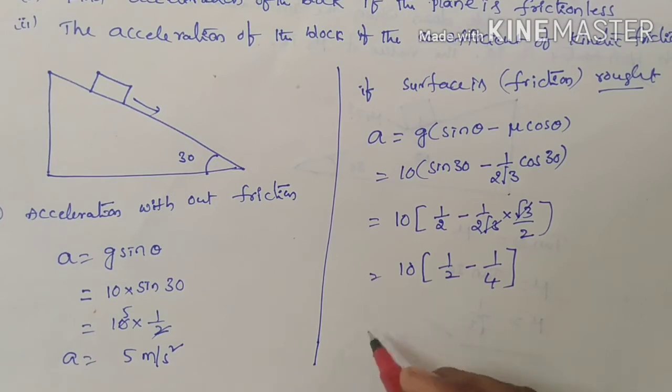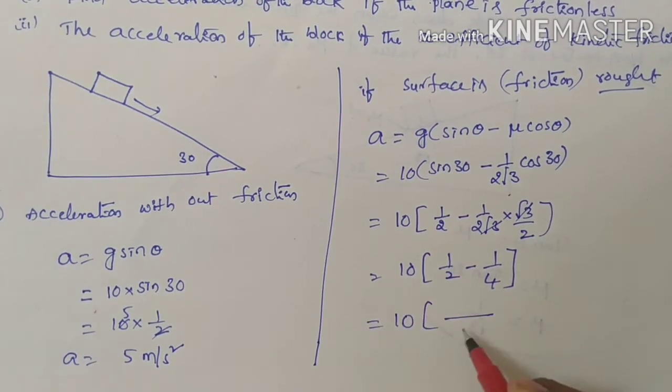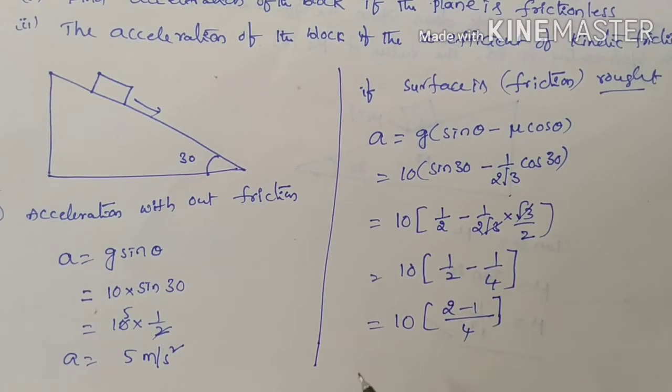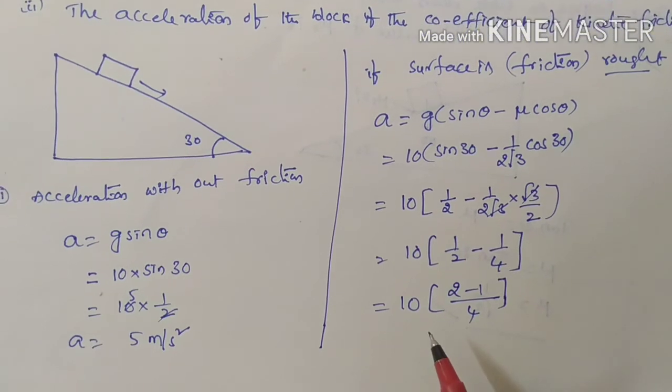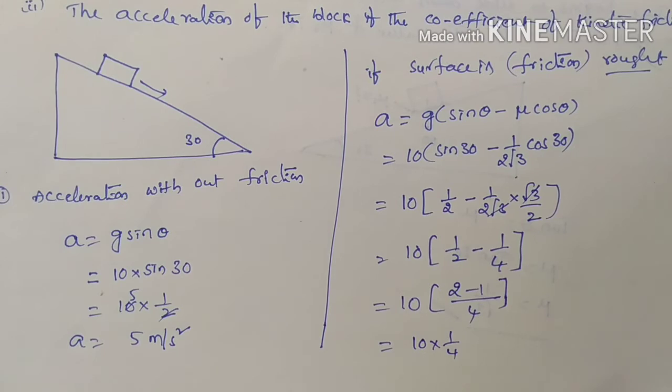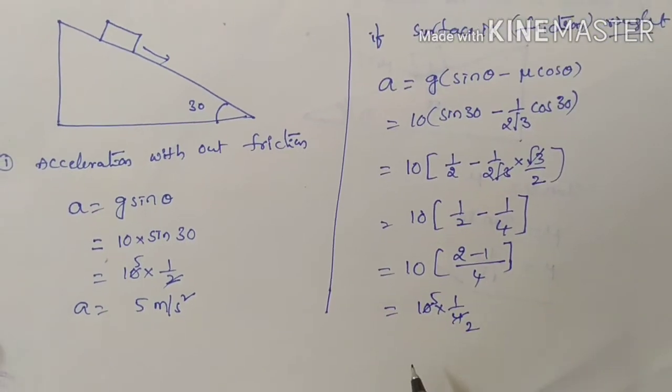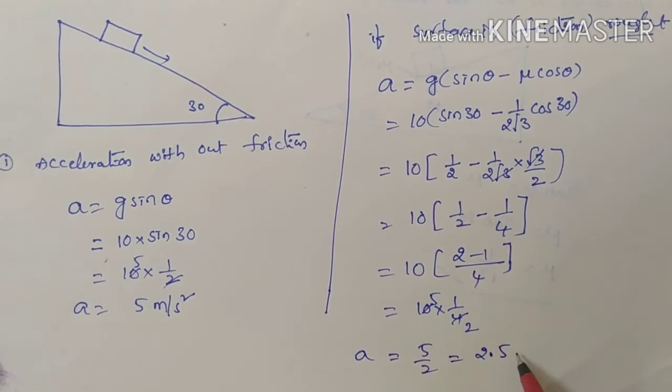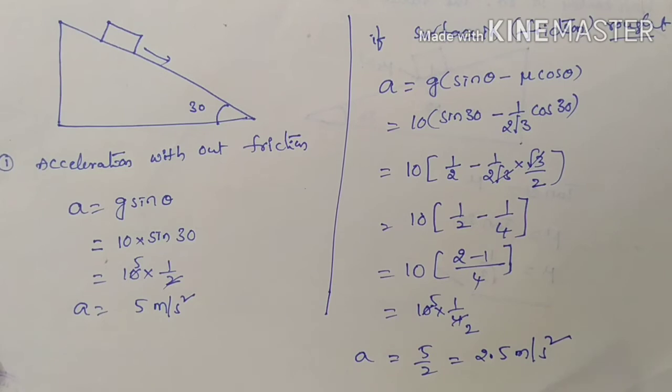Now here LCM. LCM is 4. So now 2 minus 1, that is equal to 10 into 1 by 4, that is equal to 10 by 4. So a is equal to 5 by 2, that is equal to 2.5 meter per second square.